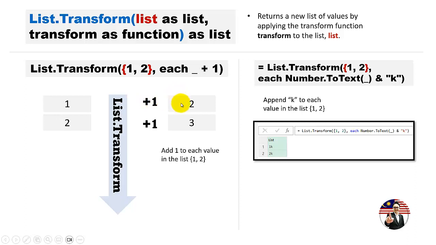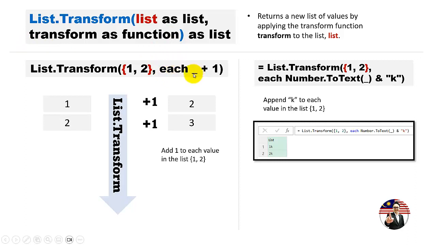So as you can see, List.Transform is really about returning a new list by applying the transform function. The transform function is specified here as the second parameter in the List.Transform M language. So it depends on what you want, right?